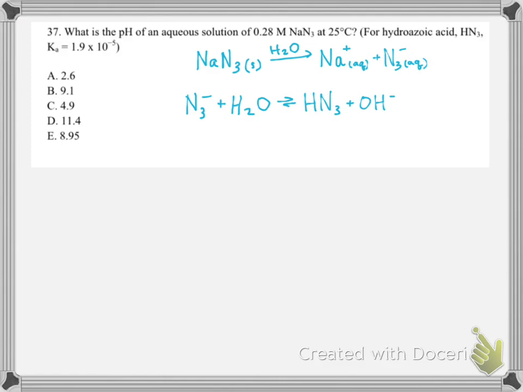Number 37 wants us to figure out the pH of an aqueous solution of 0.28 sodium azide. And they give us the Ka for its conjugate. Okay, so we can start this by icing it out.